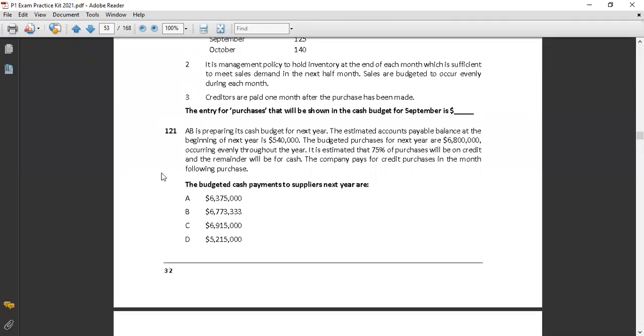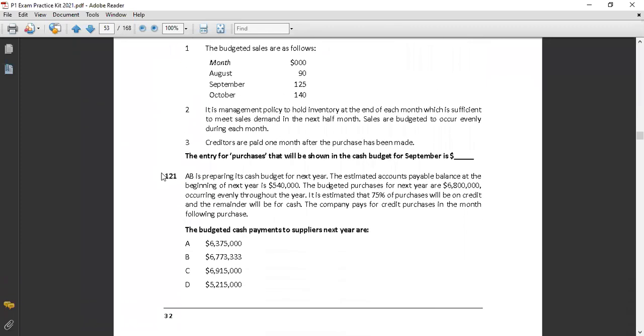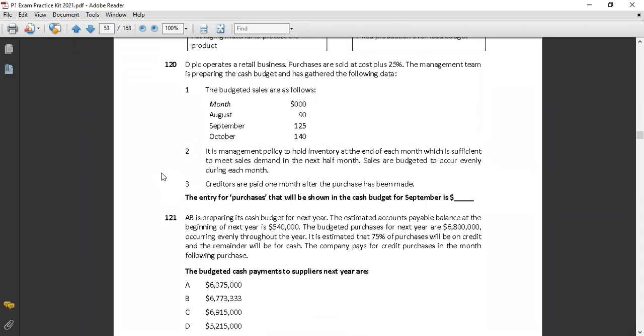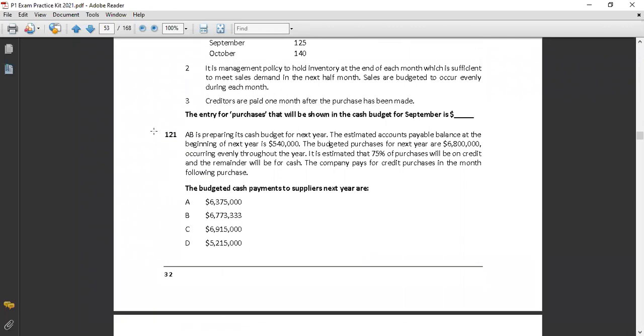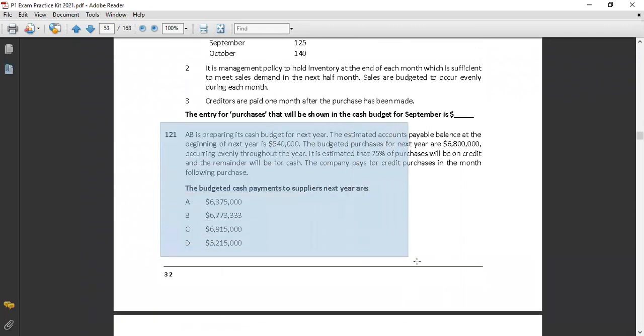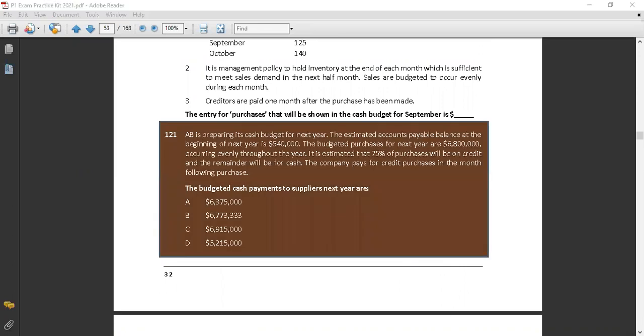Question number 120, I said we'll take it up tomorrow. 121, let's take it up. It says AB is preparing its cash budget for next year.